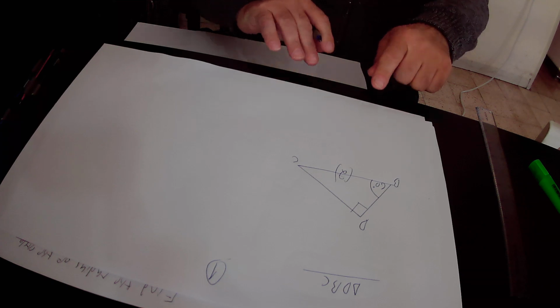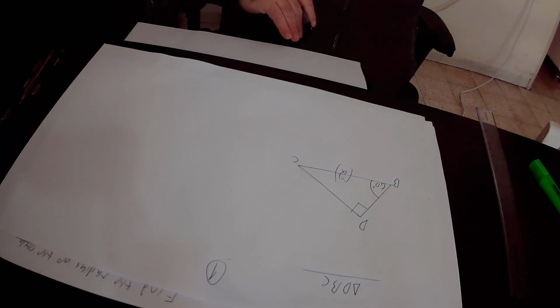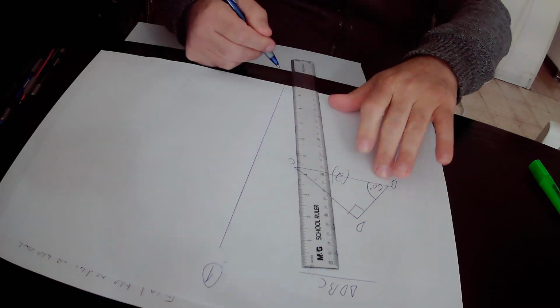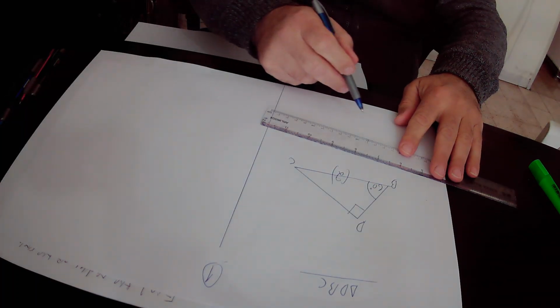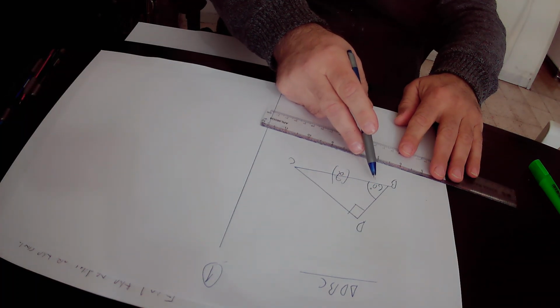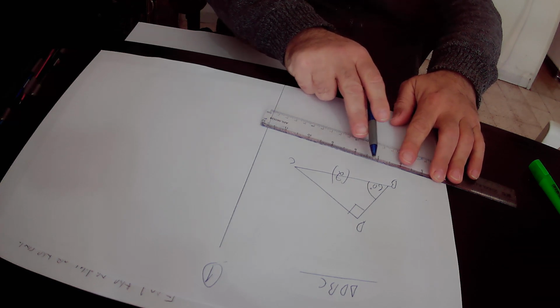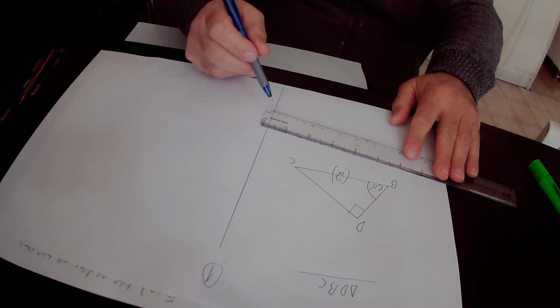This is the right triangle DBC that I copied from the original drawing. Angle DBC equals 60 degrees, and side BC equals 2 units according to what is given in the question.